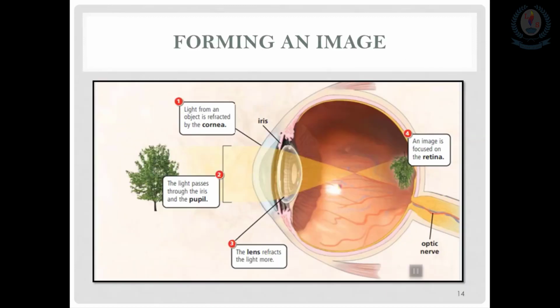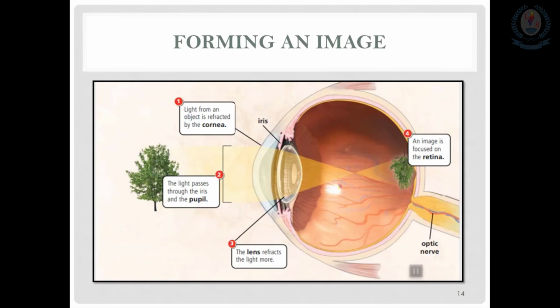Now let's talk about how the human eye forms an image. To form an image on the retina, light from an object needs to be bent or refracted. Refraction of light takes place when light passes from one medium to another, where there are differences in the densities. Then the light passes through the iris and the pupil.